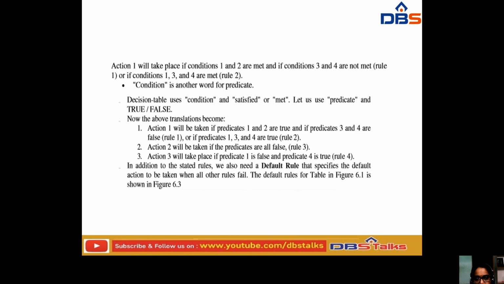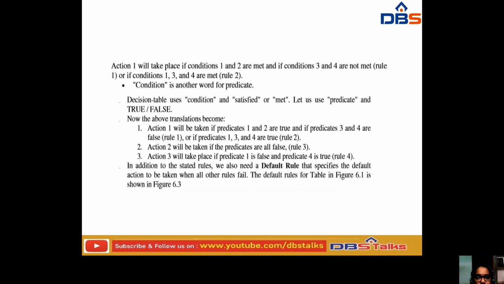Action 2 will be taken if the predicates are all false, that is applied by rule 3. And action 3 will take place if predicate 1 is false and predicate 4 is true, that is applied by rule 3.